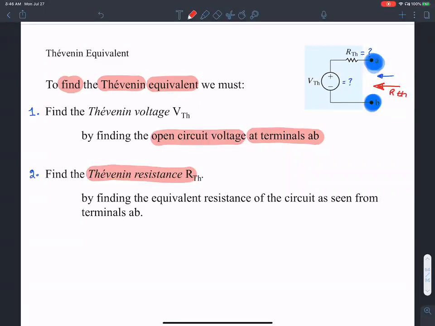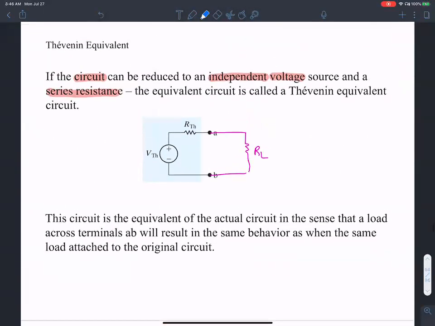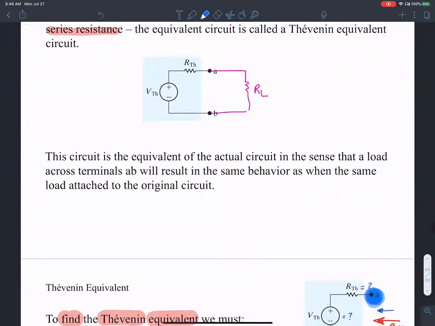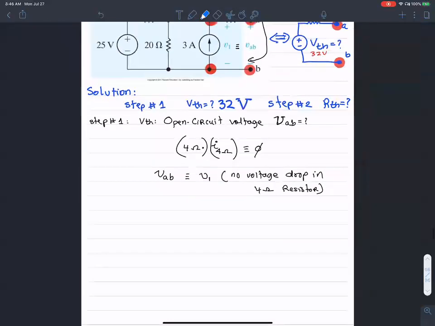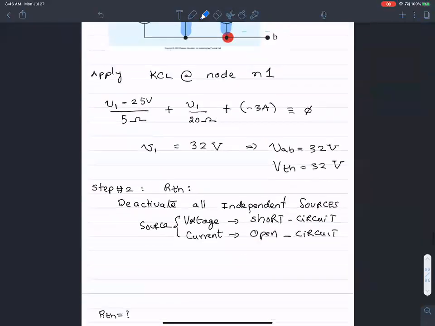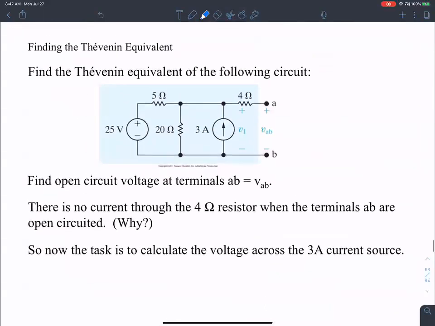That is called the Thevenin's resistance. And how do you obtain that? You simply deactivate the independent voltage and current sources.